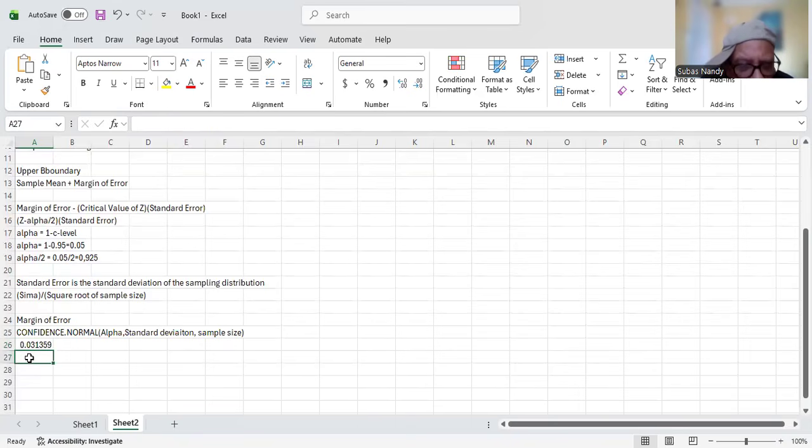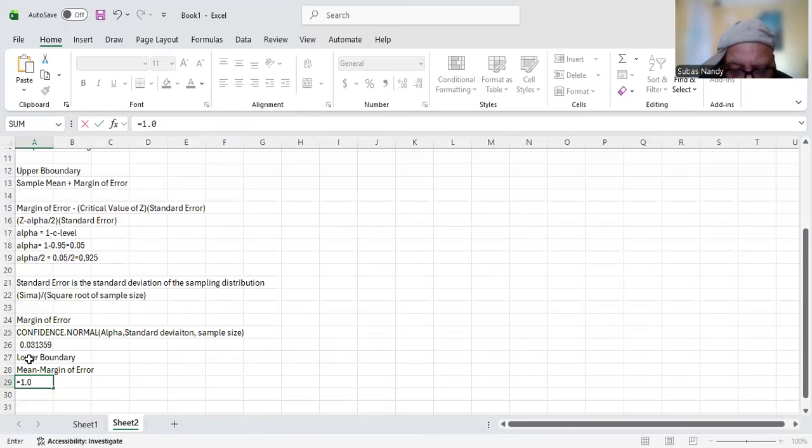So the lower boundary of my confidence interval is mean minus margin of error, and that is equal to, my mean is 1.05 minus my margin of error, which is in cell A26.